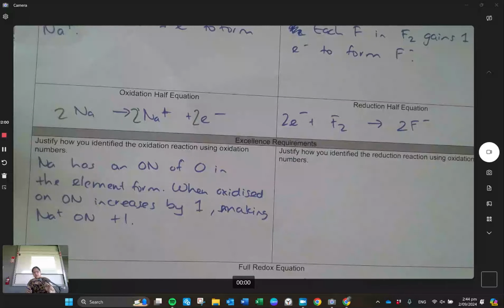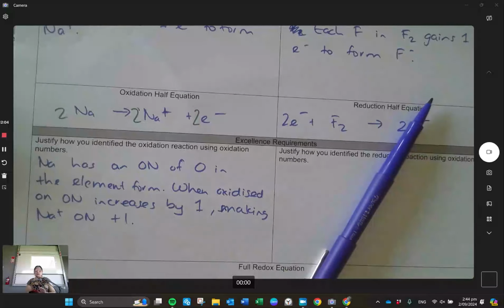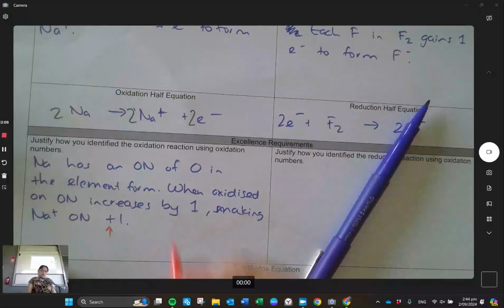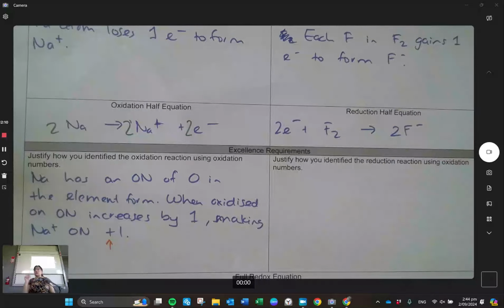Be mindful that when you guys are writing oxidation number, the positive and negative goes before the number. When you're talking about charge, it goes after the number. So that's something I will look for in excellence, to make sure you know your chemistry language.